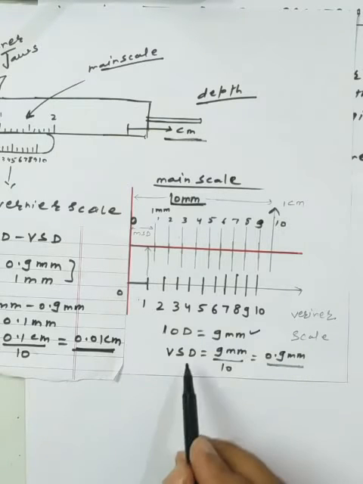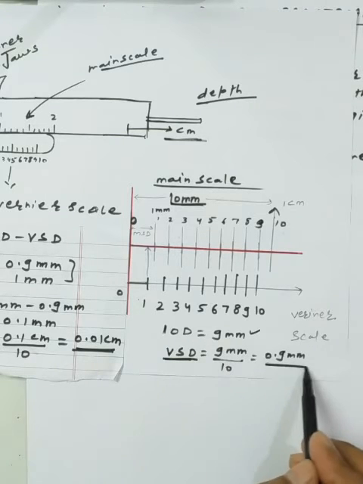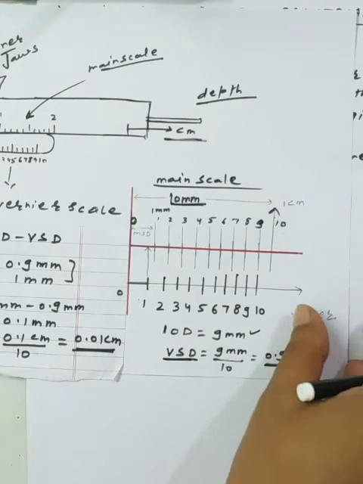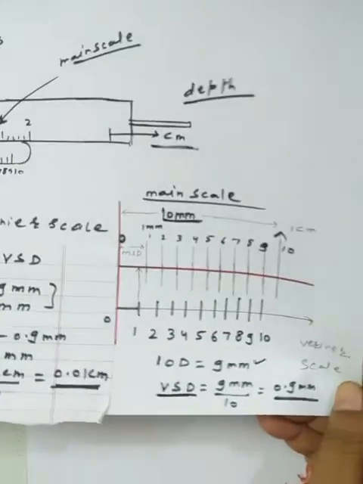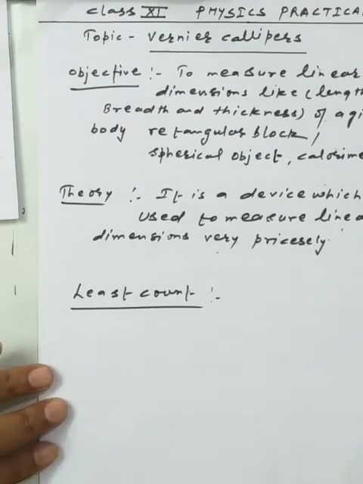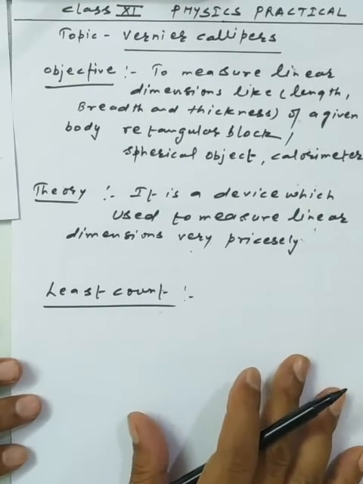So the value of one vernier scale division is about 0.9 mm. There is a little difference between the main scale and vernier scale divisions, and this is simply the least count of the vernier calipers. So what kind of information should we include in the theoretical part? How can we explain the meaning of the least count?